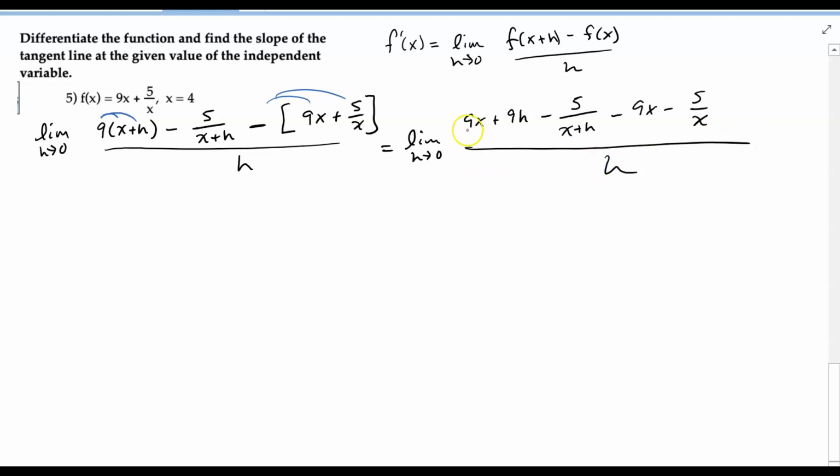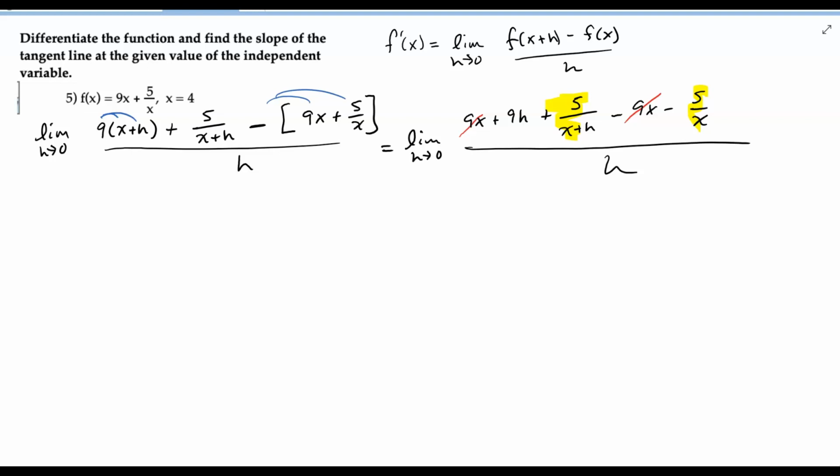I remembered. Now we combine like terms. The 9x's cancel. And I see these two fractions here that I'm going to combine. And actually, I copied this totally wrong. It should be plus, but there it is. I fixed it. Should be plus.